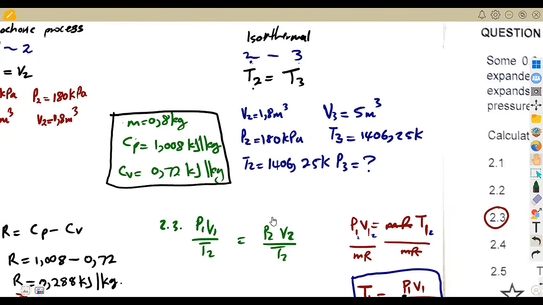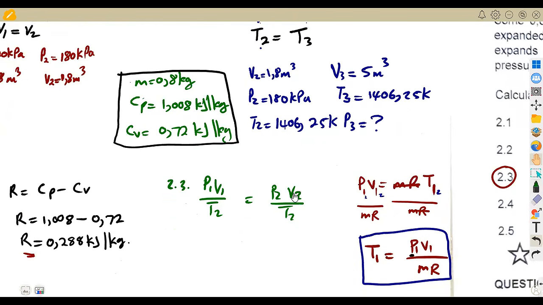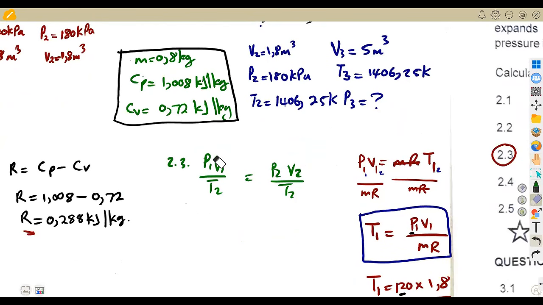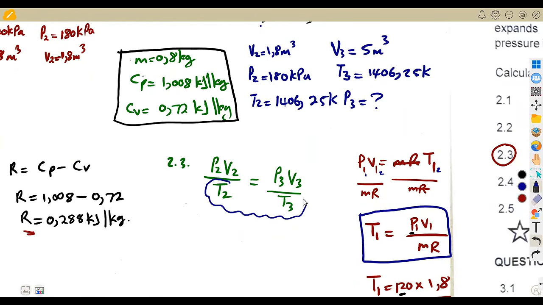So this will be 2 and this will be 3, meaning we denote this as P2, then the other one will be P3. So we have P2 V2 over T2 is equal to P3 V3 over T3.